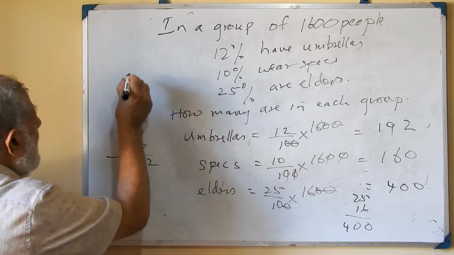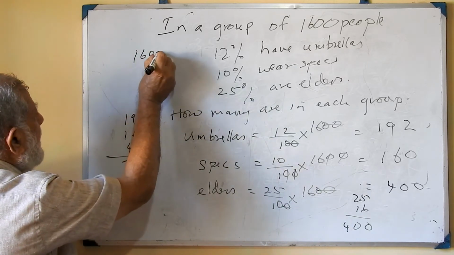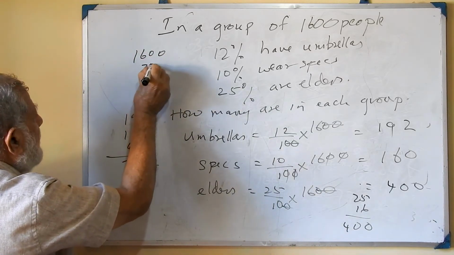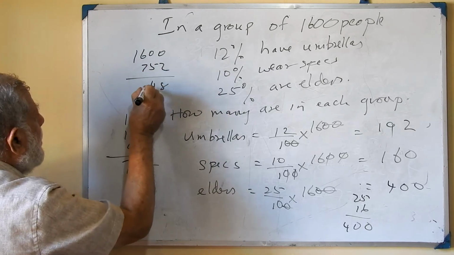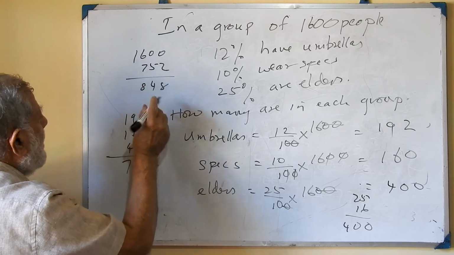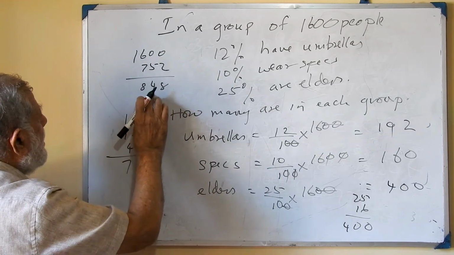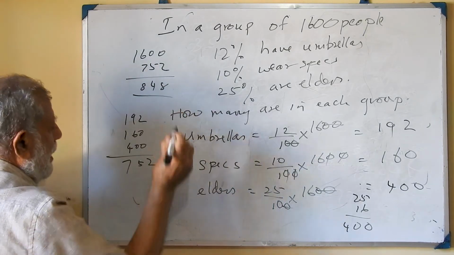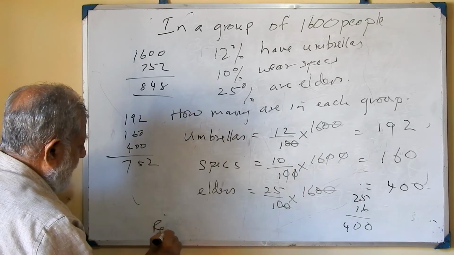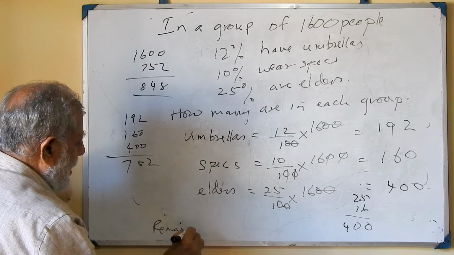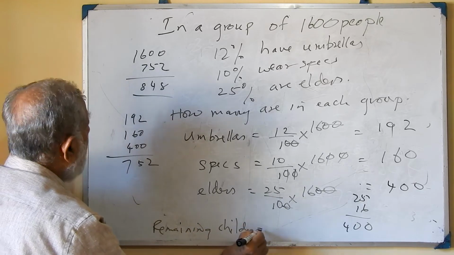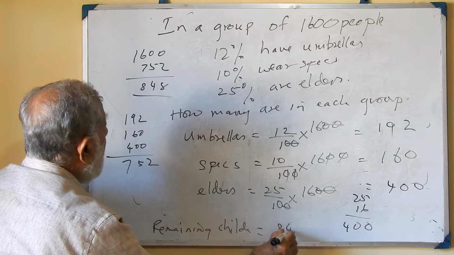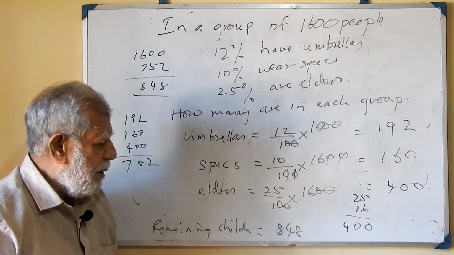So children will be 1600 minus 752. So remaining children will be equal to 848. So this is how we do percentages.